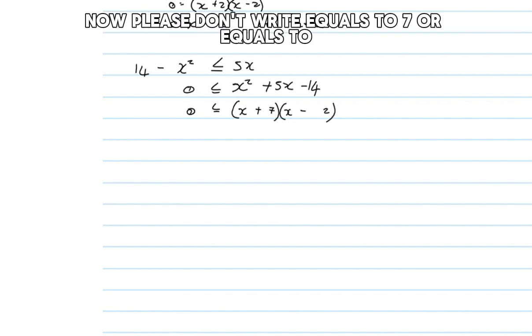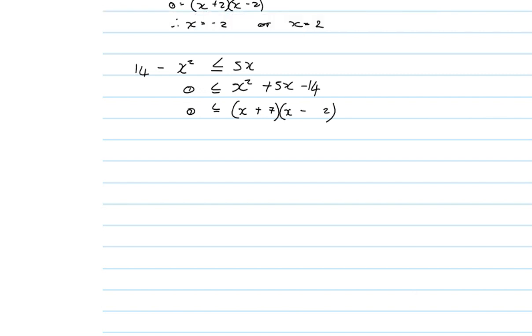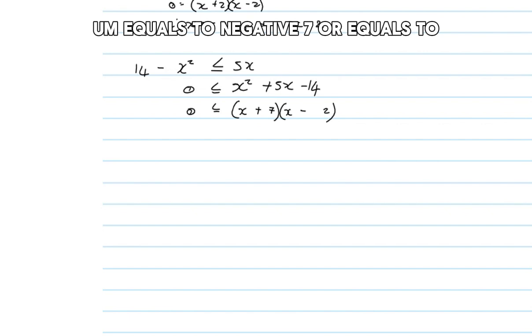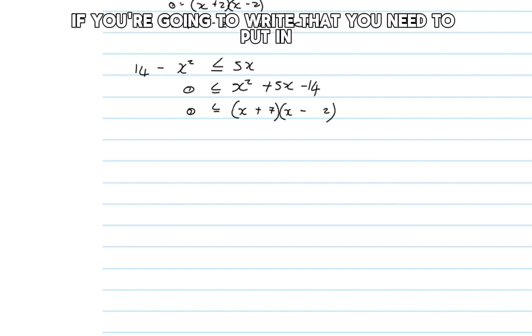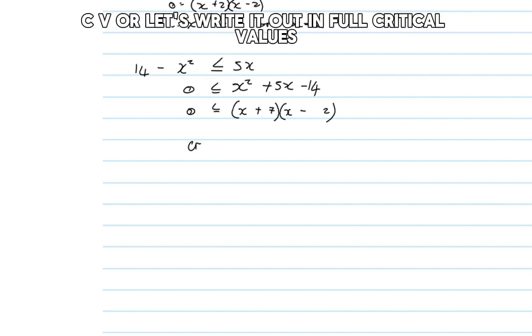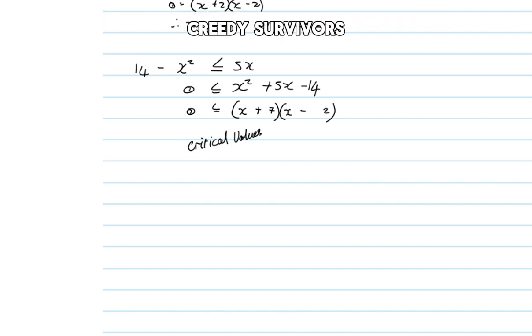Now, please don't write equals to 7 or equals to negative 7 or equals to. If you're going to write that, you need to put in CV, or let's write it out in full, critical values. No? In Afrikaans, kritiese waardes.